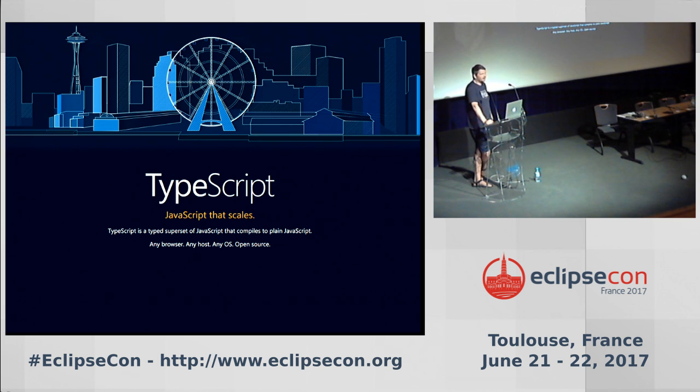Another requirement for us was that in the end, we have to have JavaScript to be executed. And we wanted to have something that allows us to write code that is more easily maintainable. So coming from the Java background, we know how good it is to have static typing, and tools that allow me to find references and so on. So we wanted to have something that supports that. And TypeScript is really an awesome project that does that for the JavaScript world without being too alien for JavaScript.